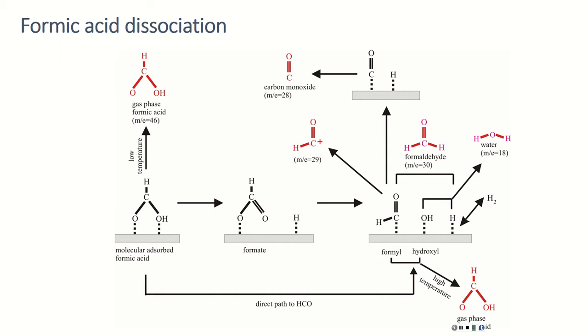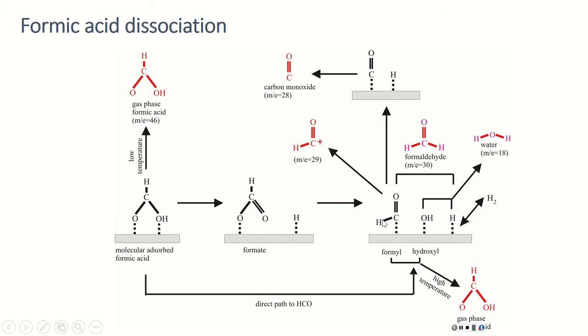In our case, we have perovskites, and in the perovskite structure we have adsorbed water on the surface, so we can have OH and hydroxyl. In our vacuum chamber we also have a huge hydrogen background, so we may have some adsorbed hydrogen.